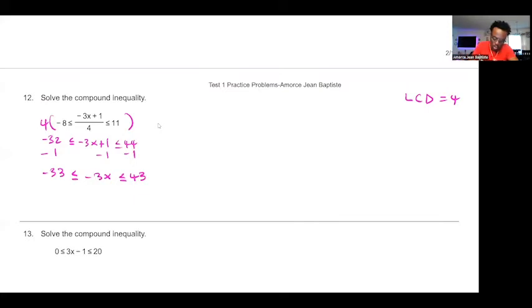Next is that we are trying to isolate x, but the one thing that happens here is that, as you can see, there's a negative number inside of the inequality. Now you need to pay attention to it. It's not as usual, where you just divide by negative 3 and it keeps the same sign.